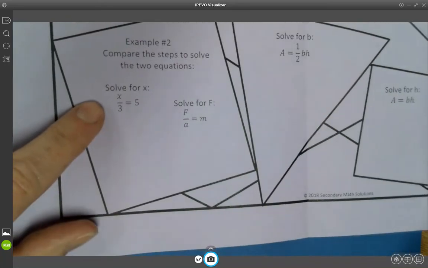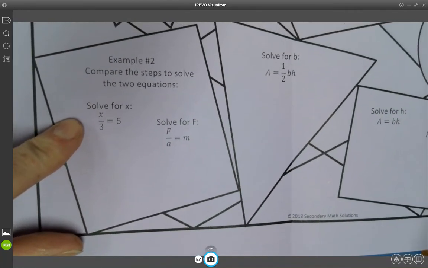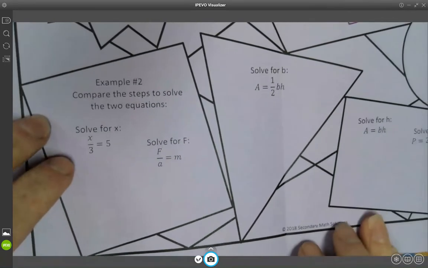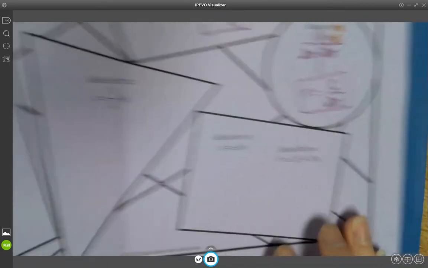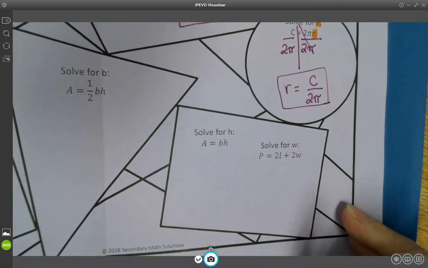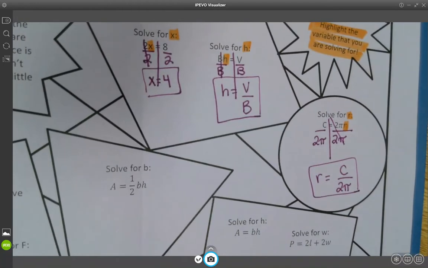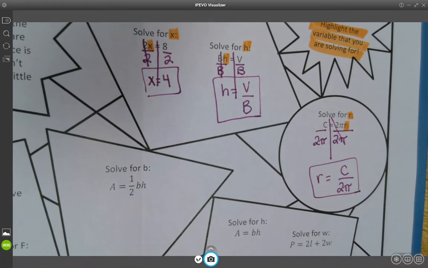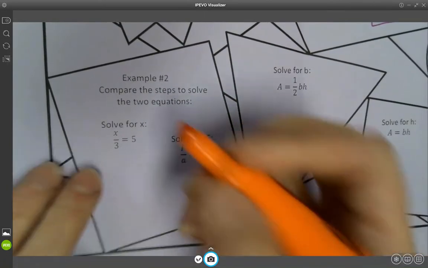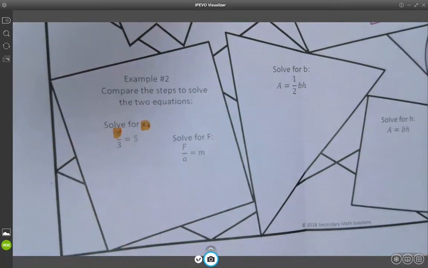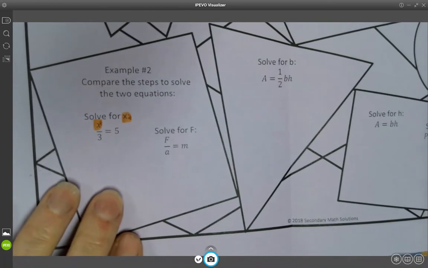Let's look at the example on the bottom left. Compare the steps to solve the two equations. This says solve for x, so go ahead and highlight x.